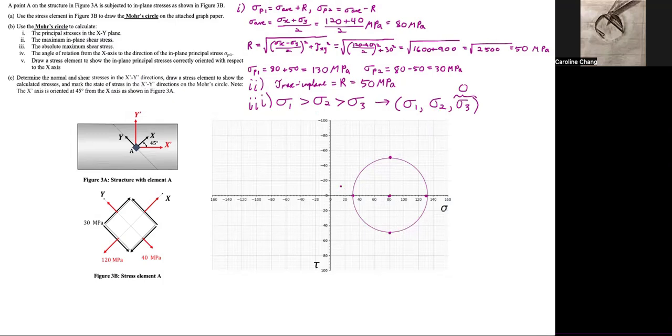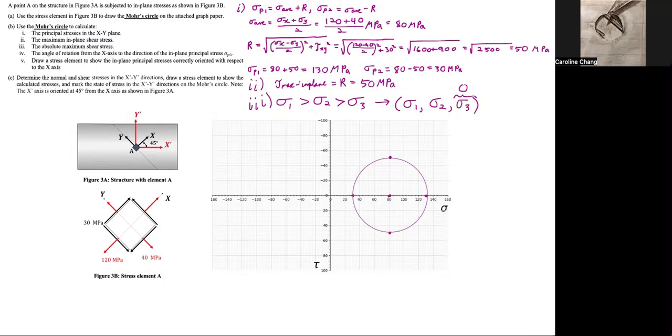Our goal is thus to compare sigma 3 with our principal stress 1 and principal stress 2 values to determine which one is our sigma 1 and sigma 2. Because principal stress 1 is not necessarily sigma 1, and principal stress 2 is not necessarily sigma 2.